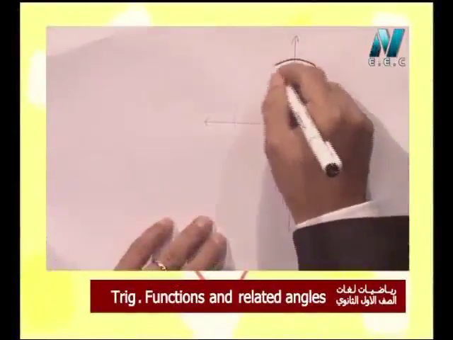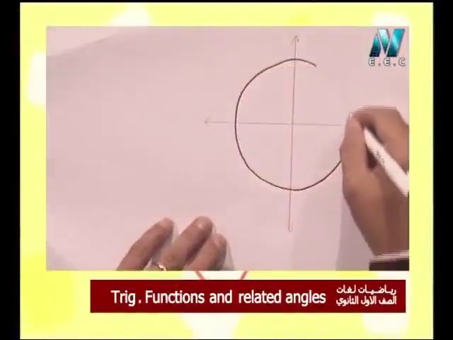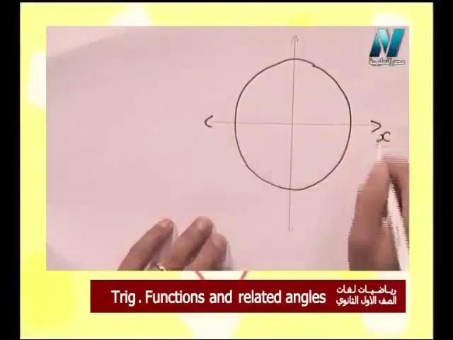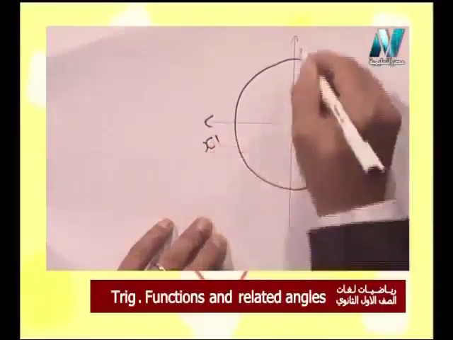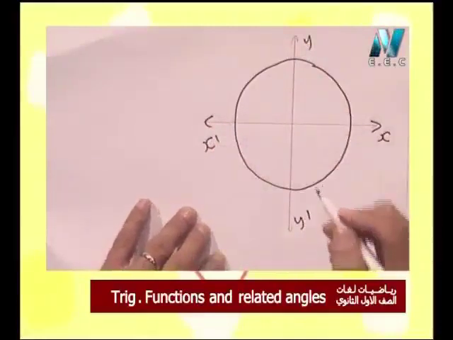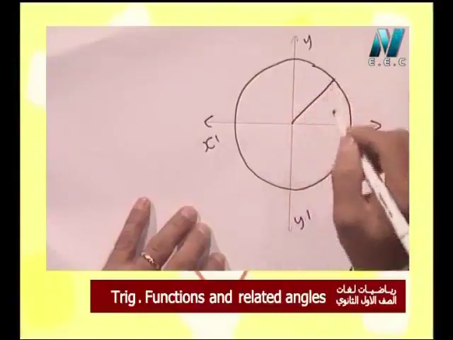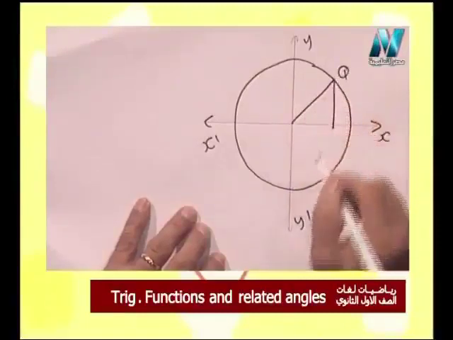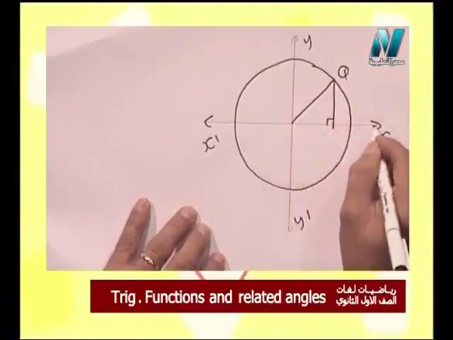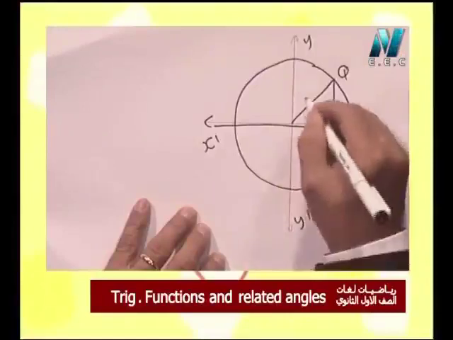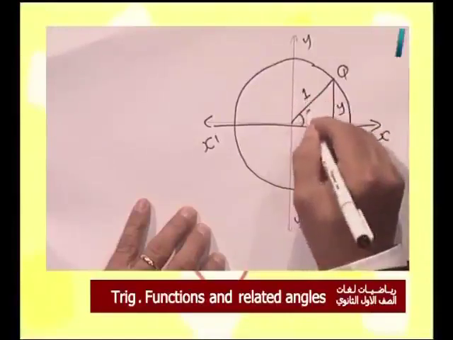This is a circle here, and we have the x-axis here and the y-axis, and we have any point as Q. If we drop a perpendicular, then this is x, this is y, and this is 1, and this is the angle theta.